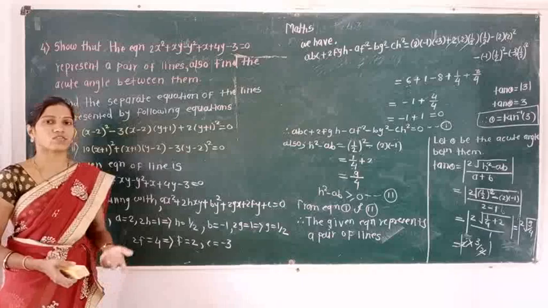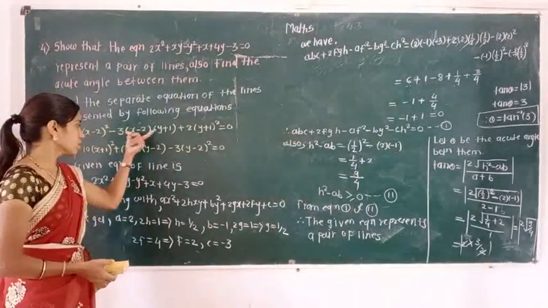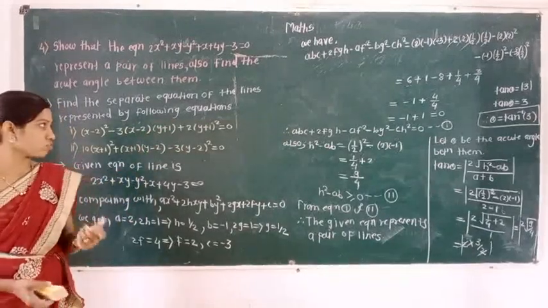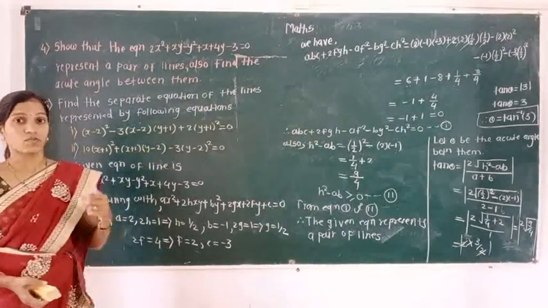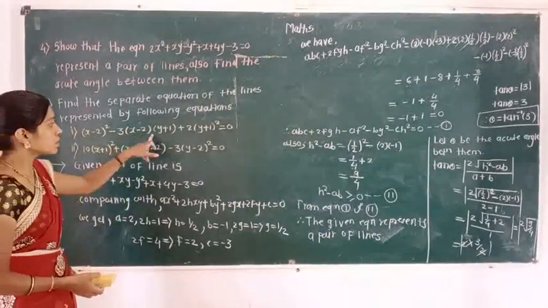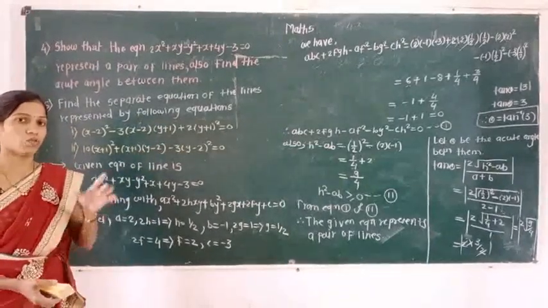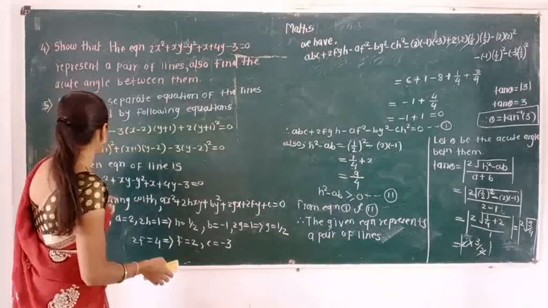In the previous lecture we already learned the two different methods for finding the separate equation. One is the factorization form, and second, if the factors are not possible, we consider the two slopes of the lines, m1 and m2, and we know the sum of slopes and the product of slopes.